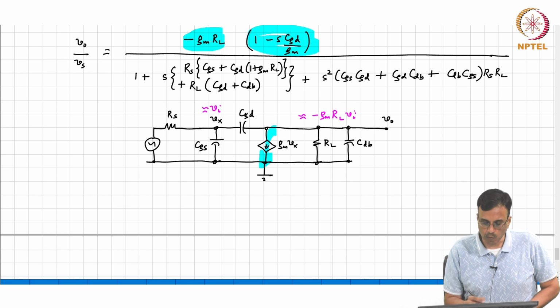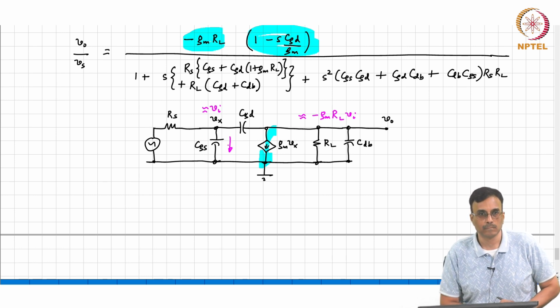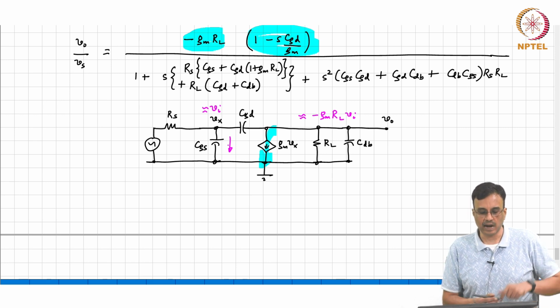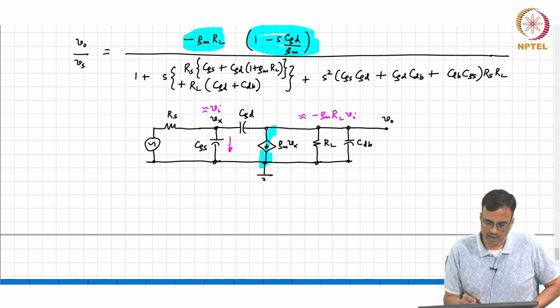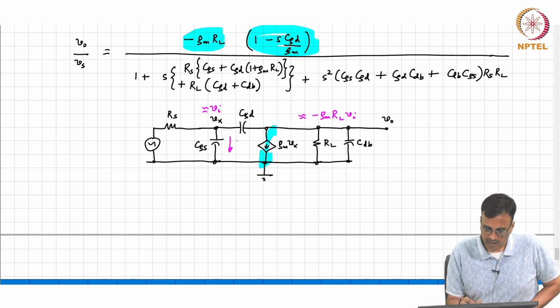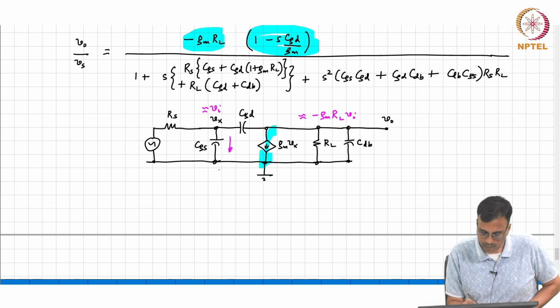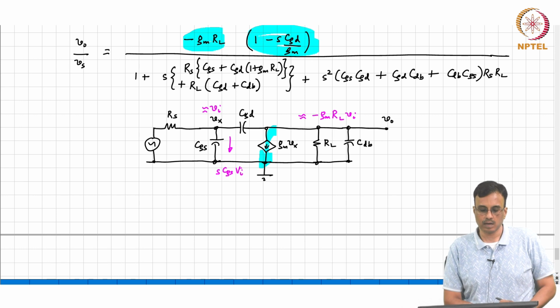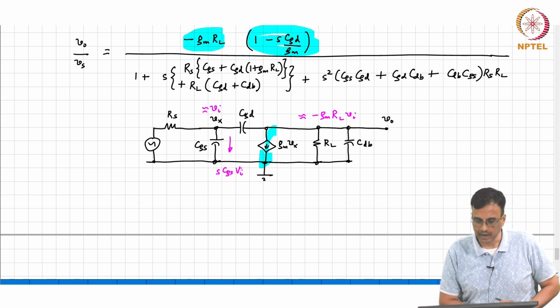Okay. So, what comment can you make about the current through the capacitance? The voltage across the capacitor is Vi. So, what is the current through the capacitance? Yeah, in the Laplace domain it is simply nothing but SCGS times Vi, correct, alright. So, what is the current through CGD?